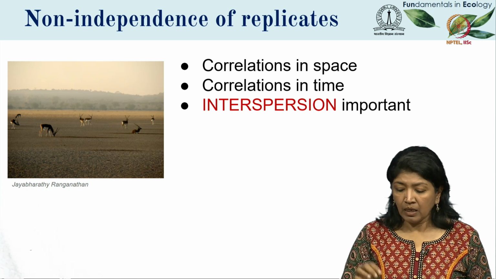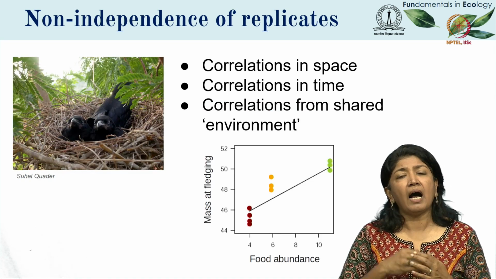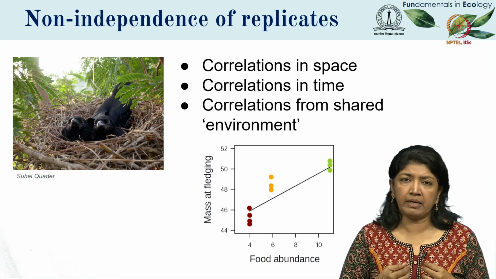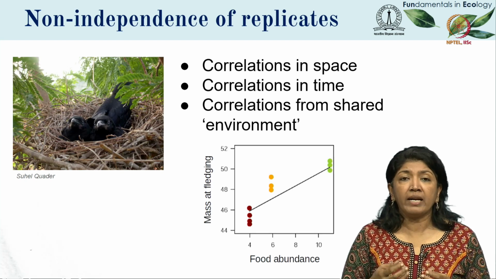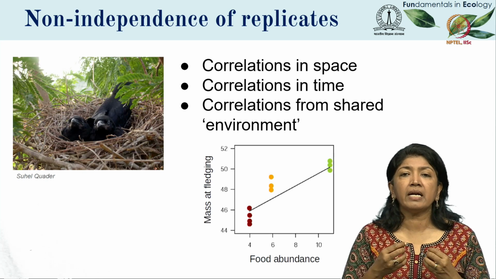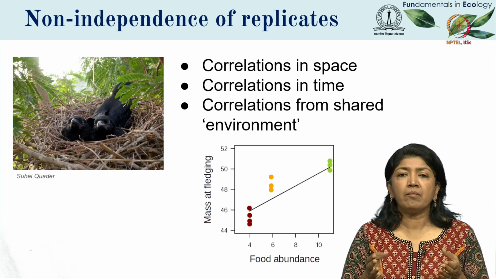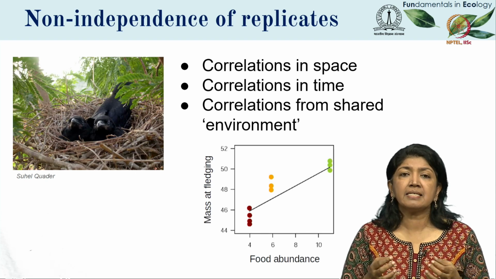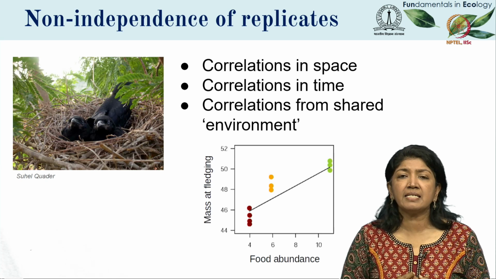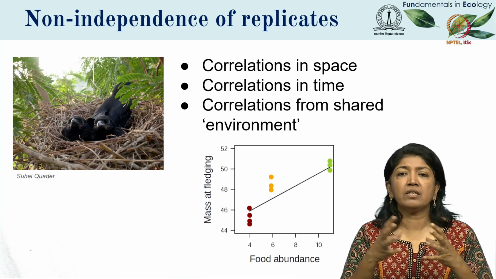Apart from space and time, there are other reasons why replicates may not be independent. For example, imagine that I am interested in looking at how food abundance in the environment around nests affects parental provisioning of nests, that is how much food they bring to nests, and chick growth.